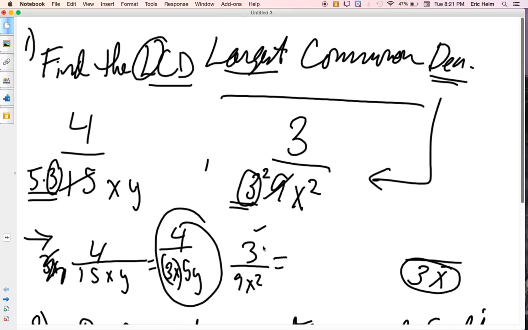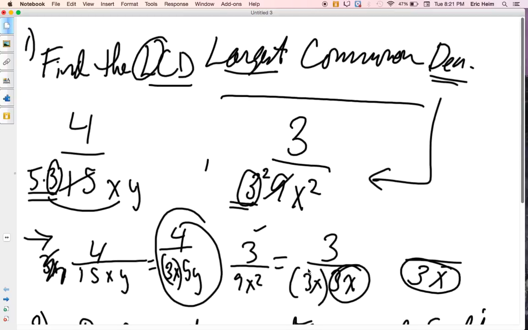And on this side, if I factor 3x out of the bottom, I get 3x times 3 from the 9 left over. 3 times 3 is 9. And x again, right? So that leaves another factor of 3x that is still there, but I cannot do anything with it because there was only one factor of 3x in the original fraction on the left side.